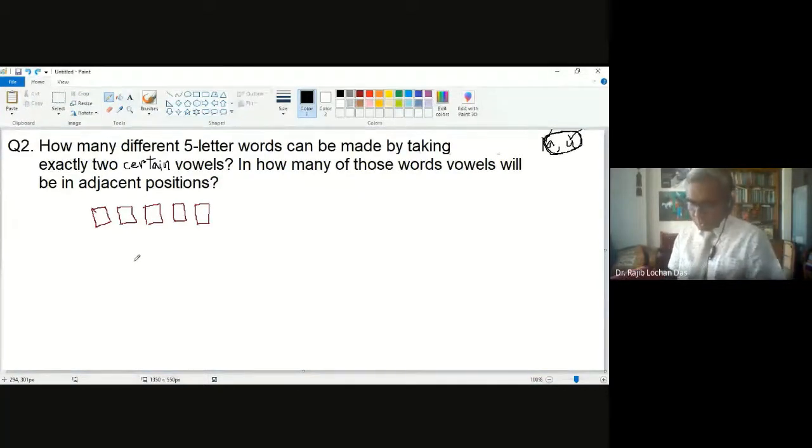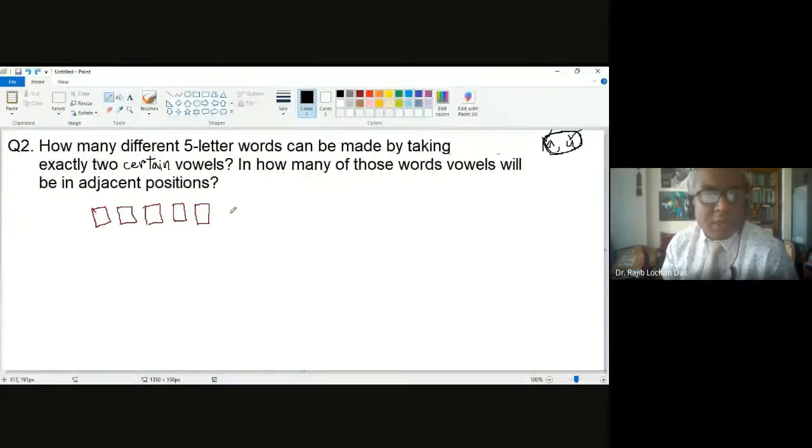We do not know where we use the specific vowels. So we have a 5-letter word, we have 5 positions, but in this case it will be opposite, like two letters are going in 5 different places.